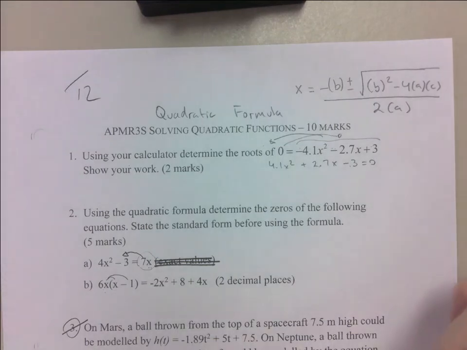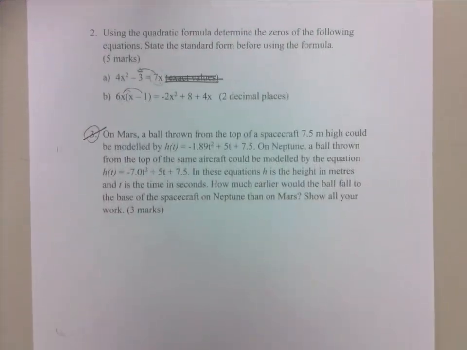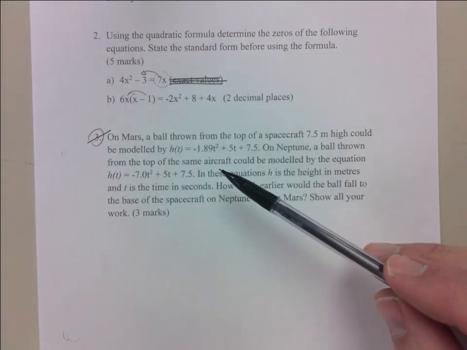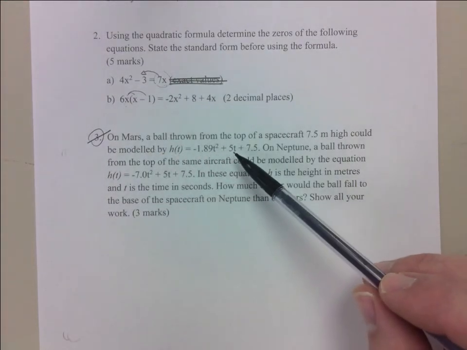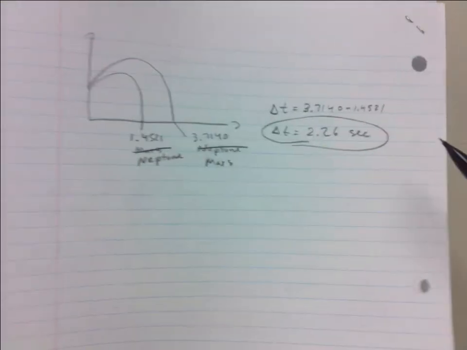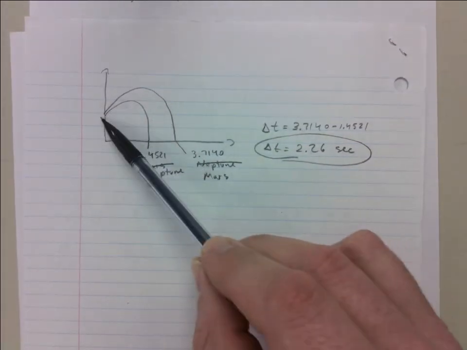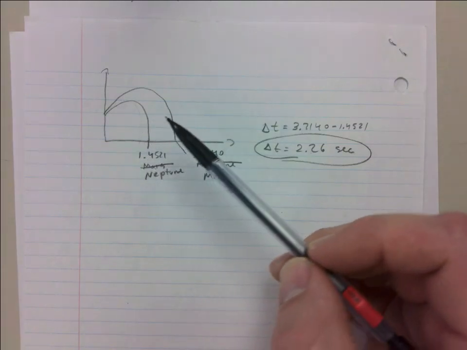I'm not gonna go into the bonus there. I'm not gonna even make that a bonus. That was just a challenge for you. So there's a ball being thrown on Mars, and the other one on Neptune, and they both would have different paths if you graph them both.